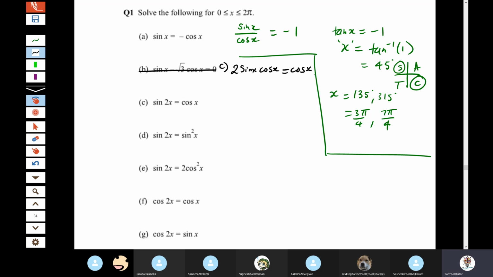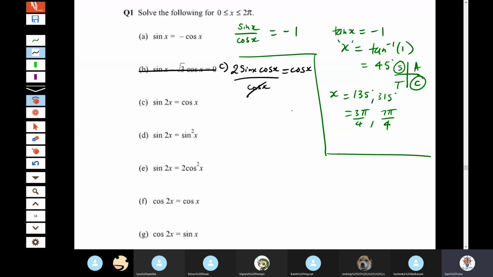You only divide if you're going to get tan specifically. But if I divide on the left side, you only get 2 sine x equals 1. You didn't get tan. You only divide to get tan. Does that make sense? So you don't divide.